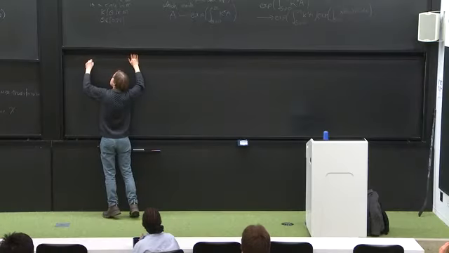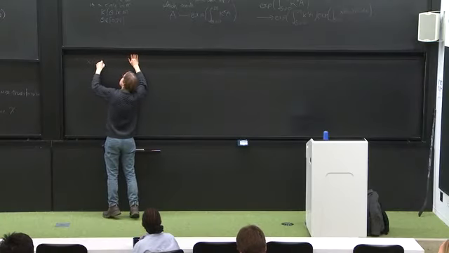So here, because the group is U1, x of theta is an element of U1.